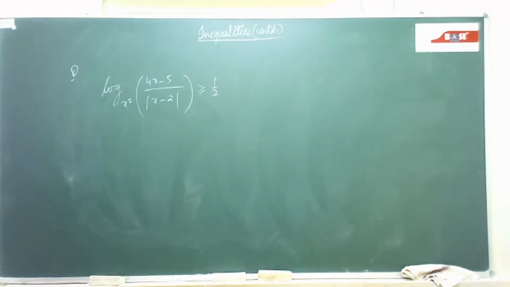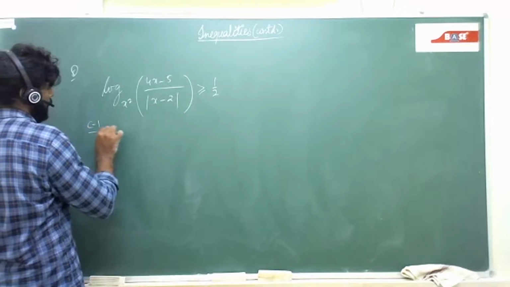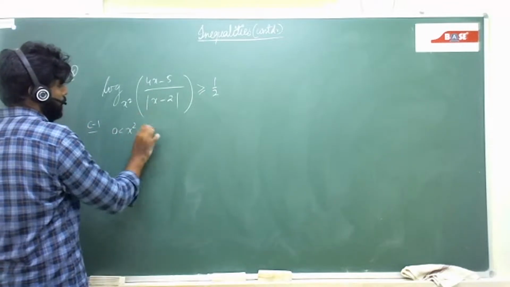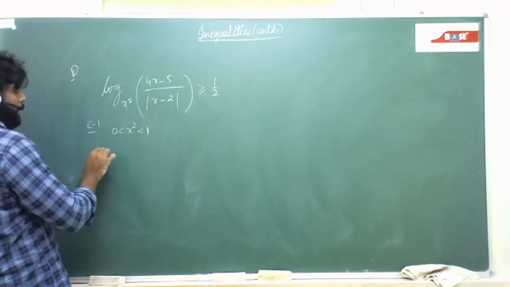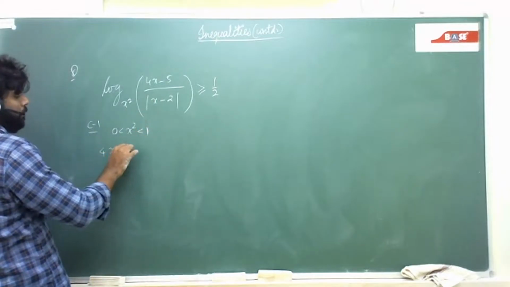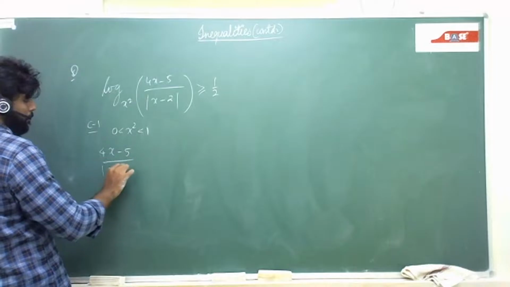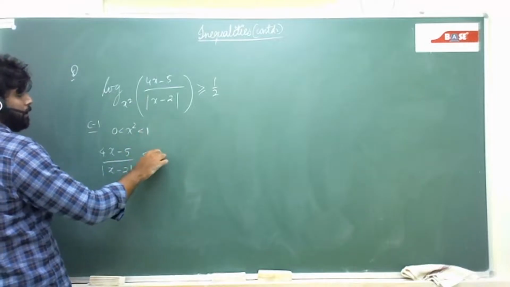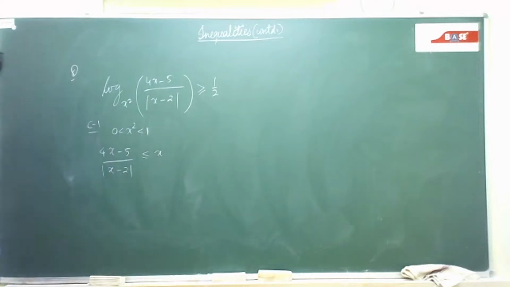We have two cases to discuss. First case, x square lies between 0 and 1. So that time if you take anti-log, that will be less than or equal to x square raised to half, that is x. And x is positive, that's why it's just x.